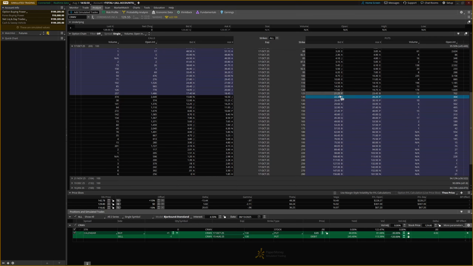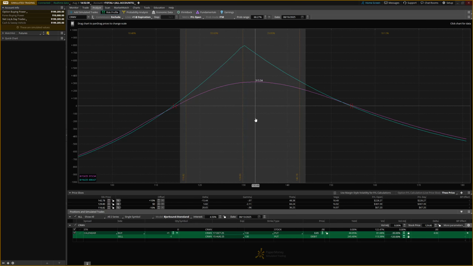You definitely want to watch the liquidity and the spreads on these, because that'll play a big factor. You always want to watch your spreads. But conceptually, this is why the short front month decays a lot more rapidly than the long back month. So it is a long vega, long vol trade on paper.